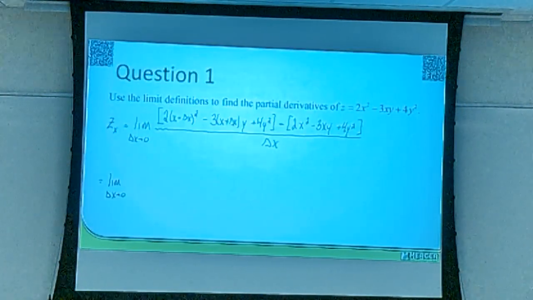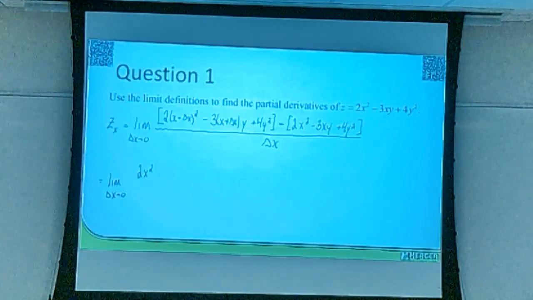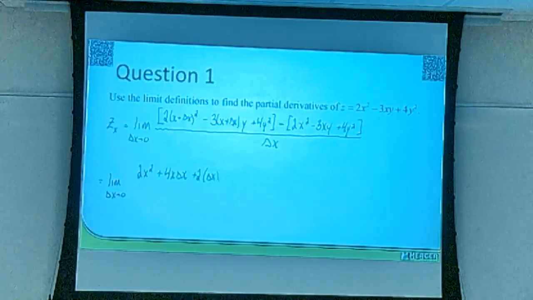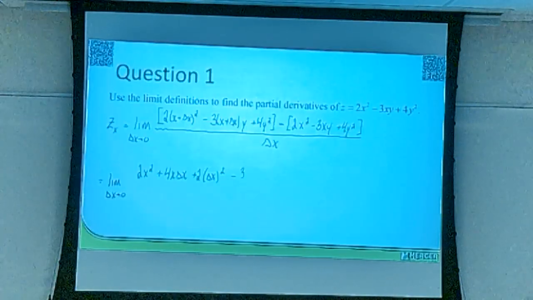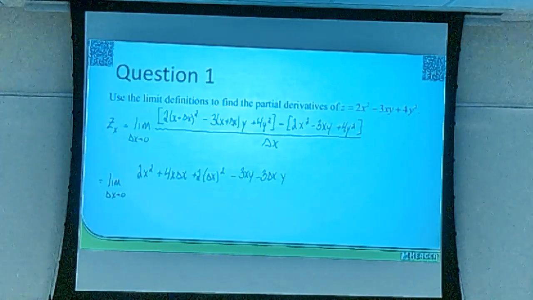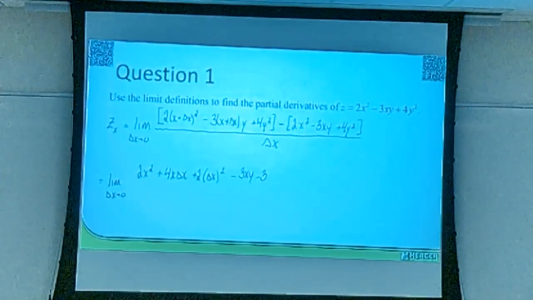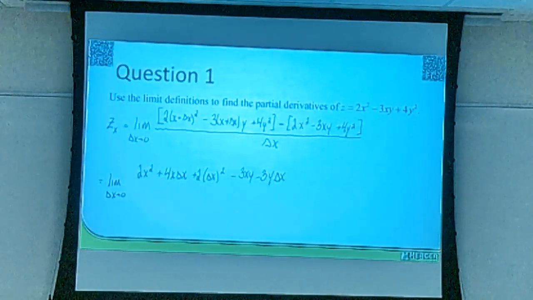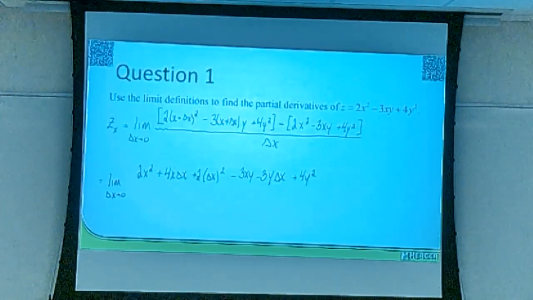I'm also going to show you the two through right after. There is your first term completely expanded out.